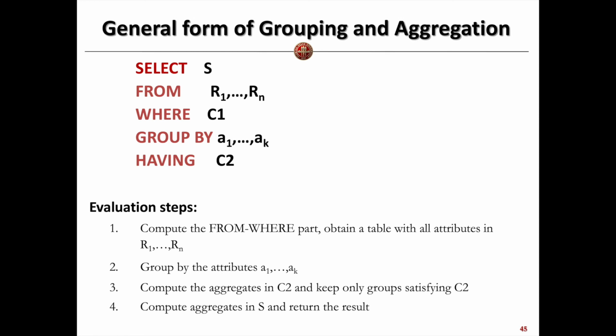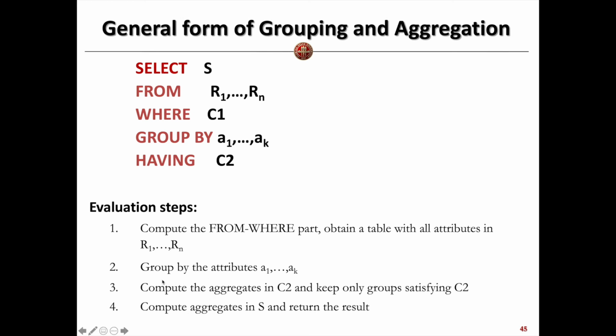Here, when we compute the FROM-WHERE clause, in other words, we apply the condition C1 to prune some data tuples. So far, we haven't done anything about the grouping yet. So C1 will be used before we group these data tuples. C1 is used for the pre-pruning of data tuples.